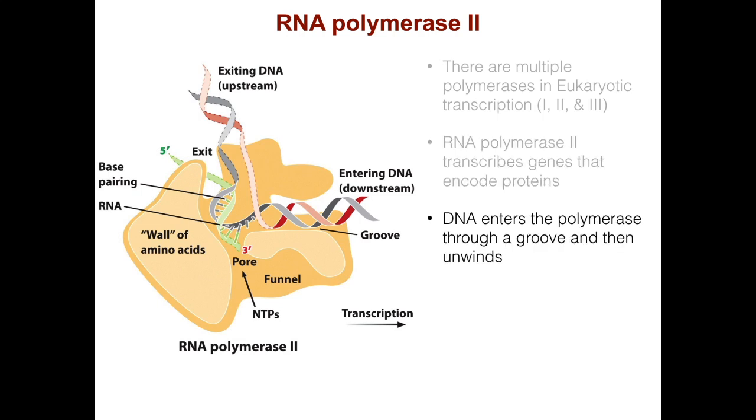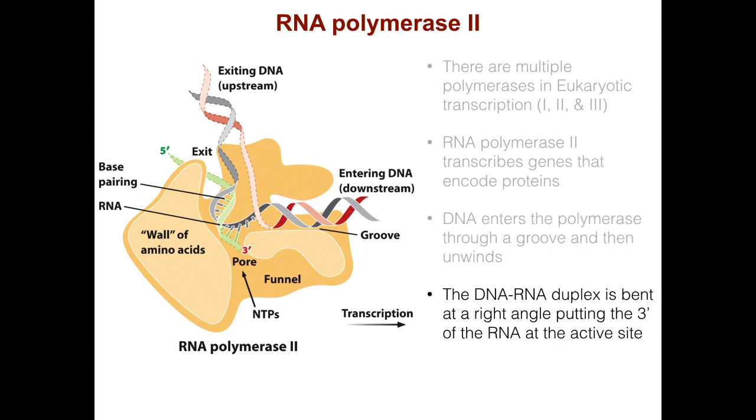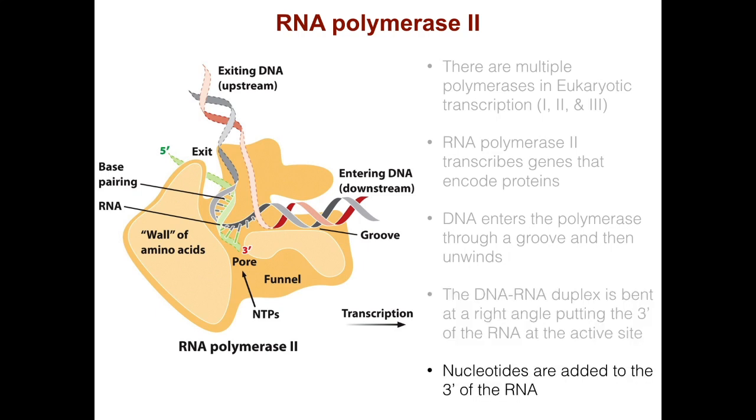DNA enters the polymerase through a groove and then unwinds. The DNA-RNA duplex is bent at a right angle, putting the 3' end of the RNA at the active site. Nucleotides are then added to the 3' end of the RNA. And here's an overview of transcription.